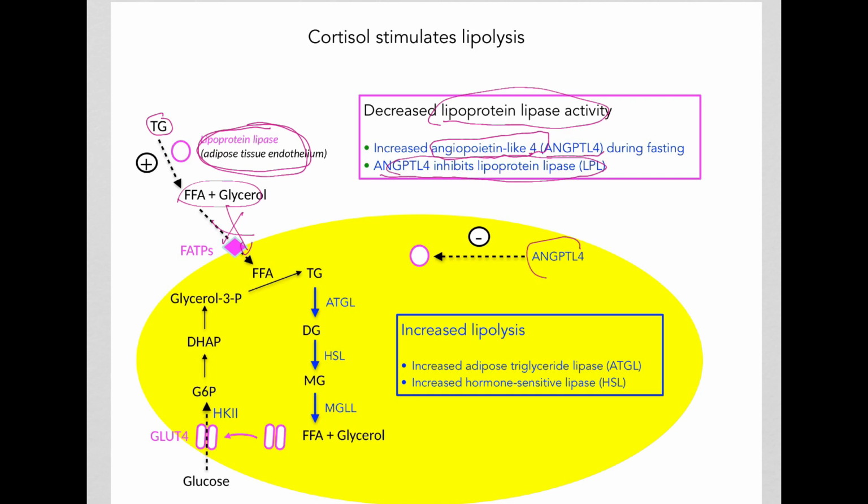So the presence of ANGPTL4 will inhibit lipoprotein lipase and therefore prevent fatty acid absorption into the adipocyte from the bloodstream. This means fatty acids from the stored triglycerides will be broken down and sent out into the bloodstream, while uptake of fatty acids from the bloodstream will be stopped during starvation.